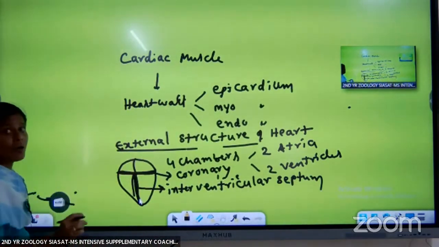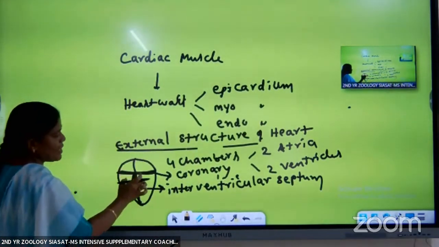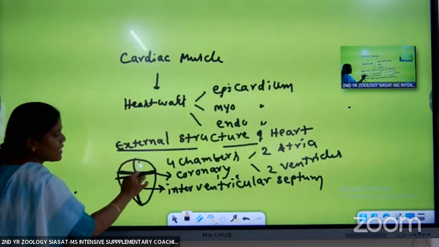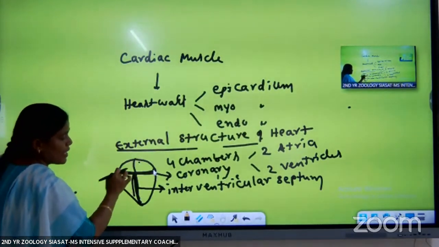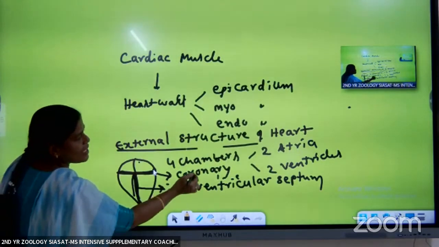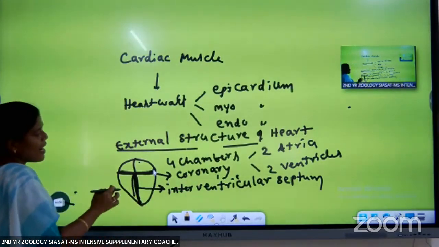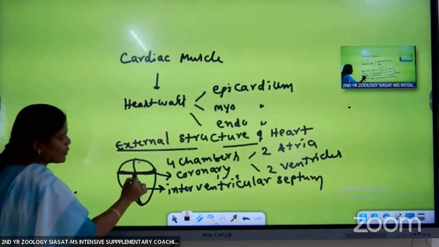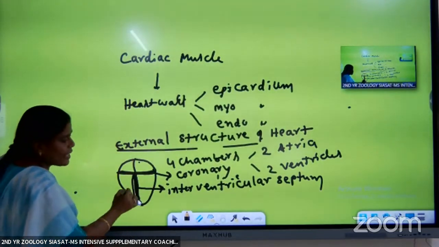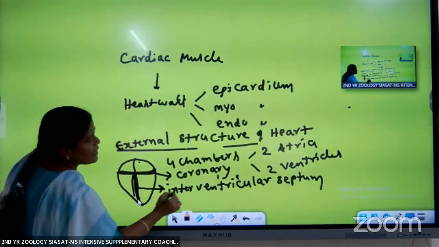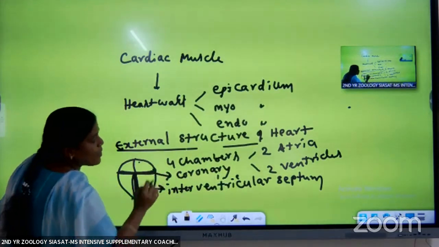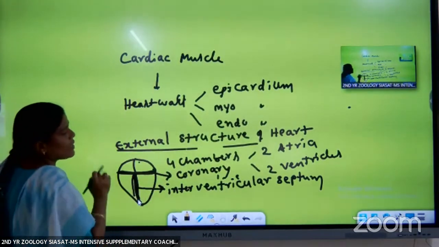In the outer looking structure, only the atria and ventricles are visible. Between the atria and ventricles, the horizontal groove that appears is called the coronary sulcus, and down, longitudinally, one groove is present between the two ventricles, called the interventricular septum. On that septum, coronary arteries are visible.